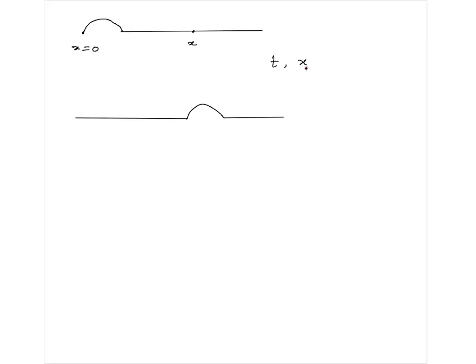Yes, if I fix time, if I say, okay, freeze time, then only X dependence would have been there. For example, freeze time is like taking photograph. Take a photograph of the string. Time is frozen. So if picture looks like this, it's so easy to discuss.